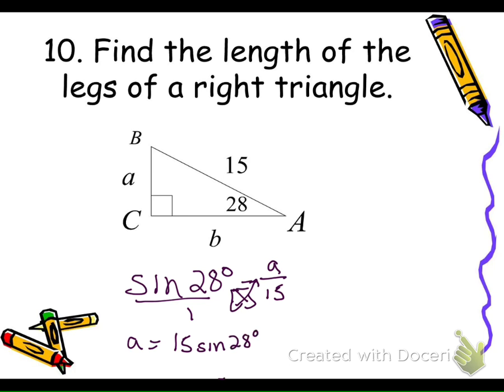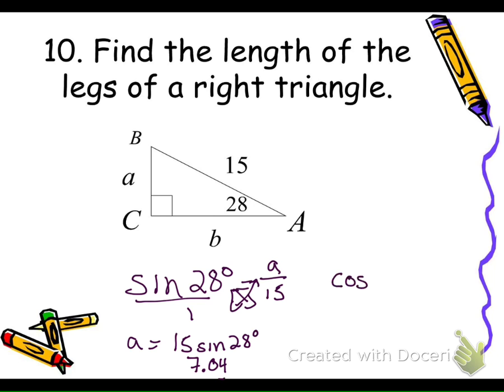You're now going to put that in your calculator. This is not a sine inverse, it's multiplication. So 15 times sine of 28. 7.04. Okay, and then we have B, and we're looking for B, and so for B, that has to be cosine, right?